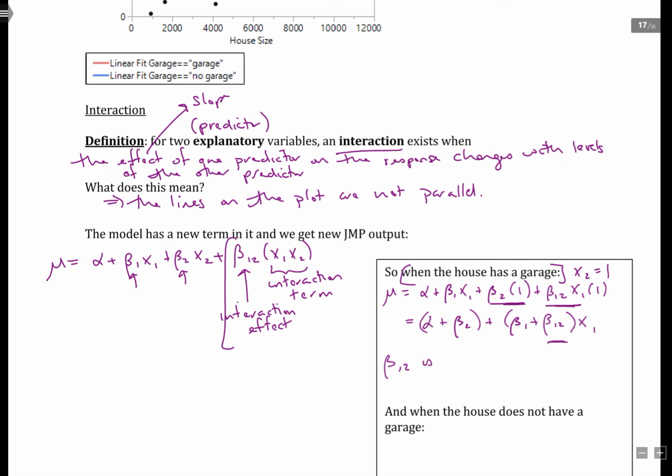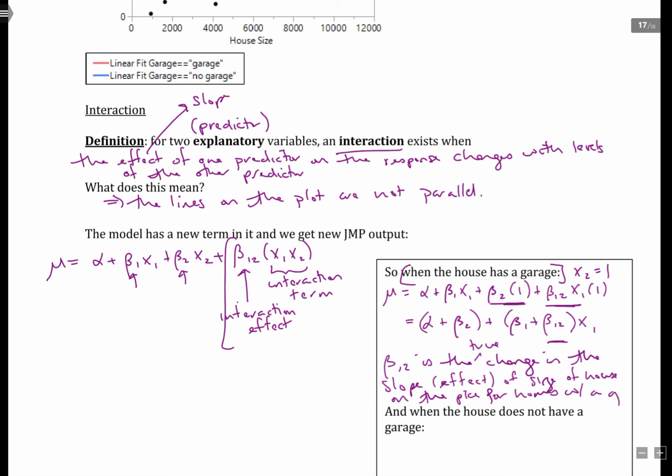Beta 1,2 is the change in the slope, or the effect of size, the true change of house size on the price for homes with a garage.